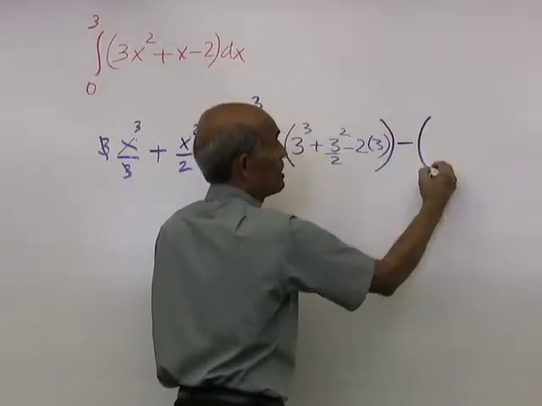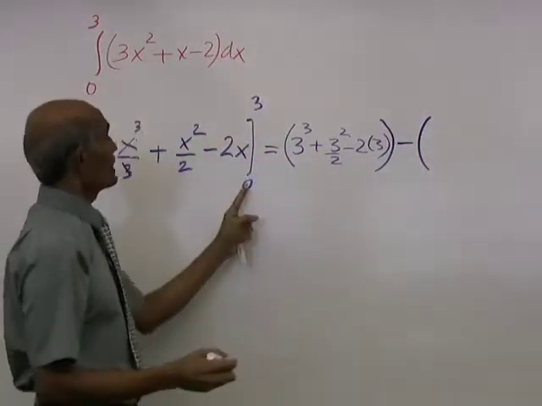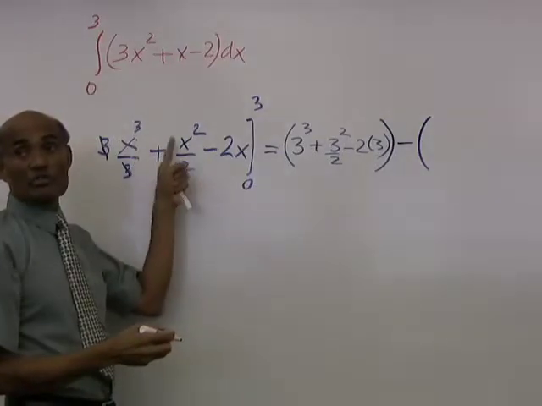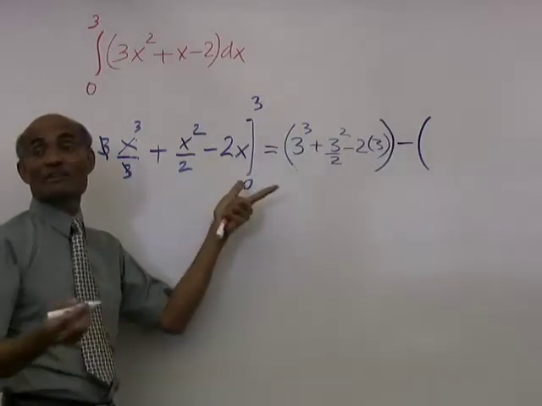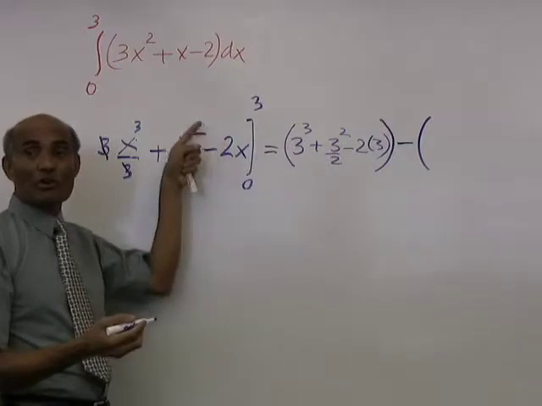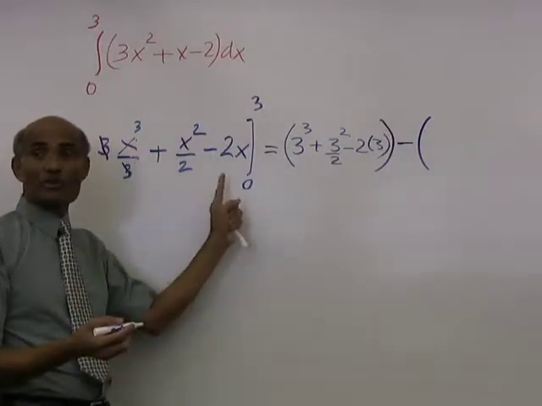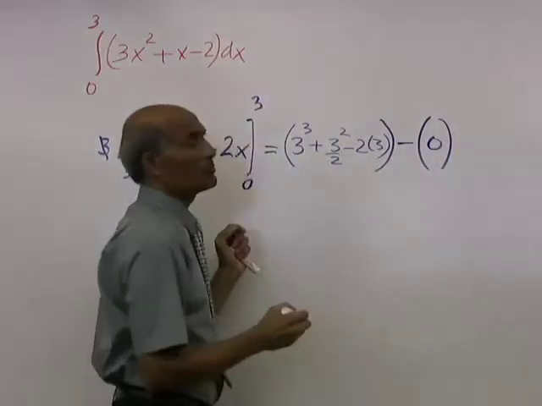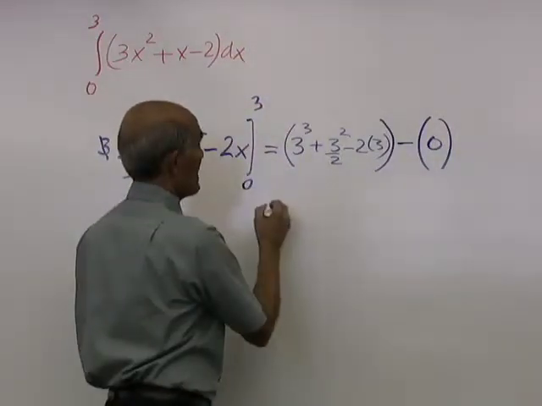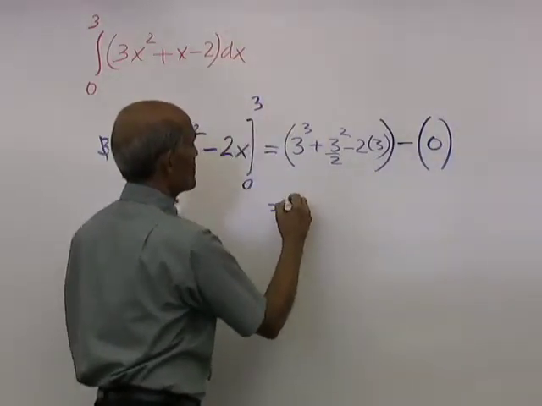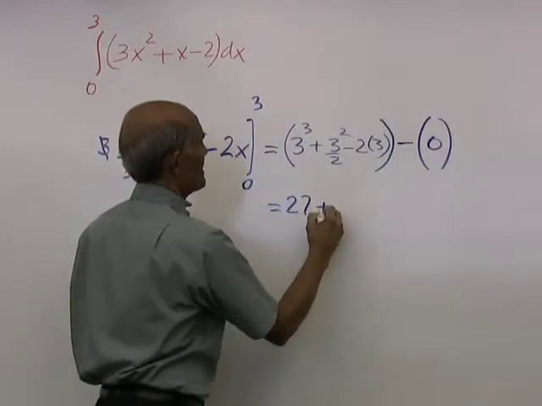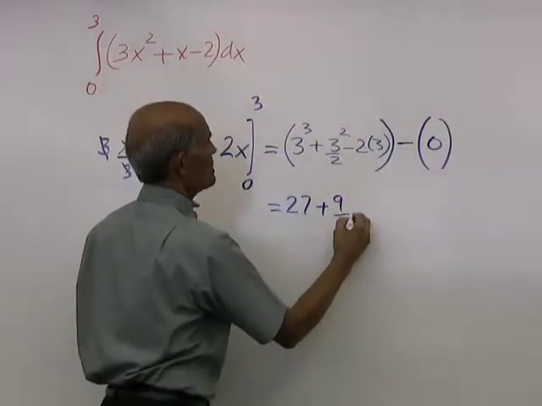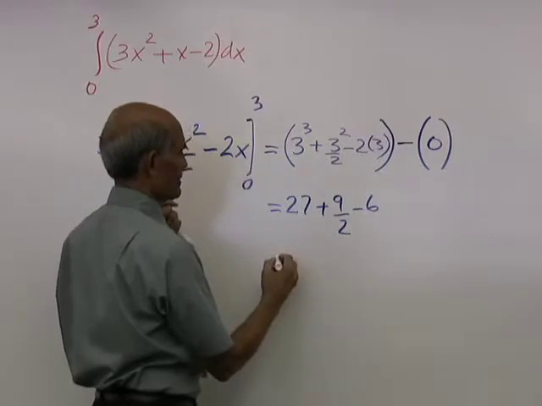Minus the lower limit. You put x equal to 0. Each of these will go to 0. So the value of all these when x equals 0 will be 0, so you don't need to worry about it. Now that will be 3 cubed is 27 plus 9 over 2 minus 6.